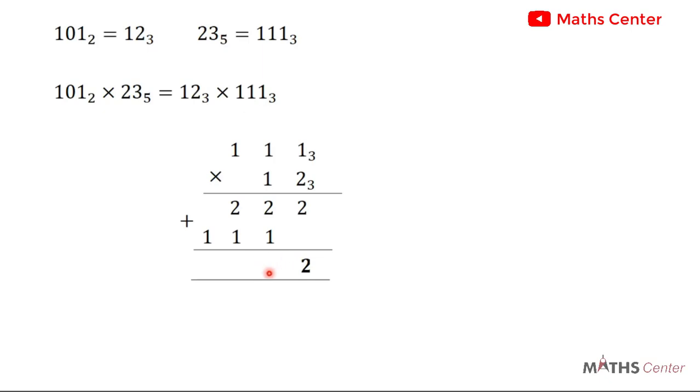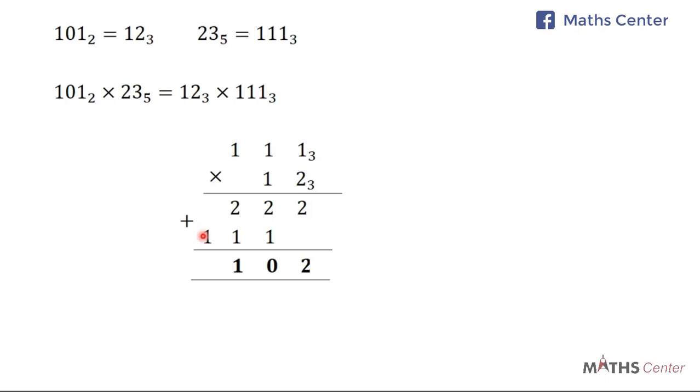So you write the remainder 0 and carry the 1 forward to this side. We add that 1 to what we have here, which is already 2, and we get 3. So we have 3 plus 1, which gives us 4. 4 in base 3 is 1, remainder 1. So we write the remainder 1, then we carry the 1 forward to this side.